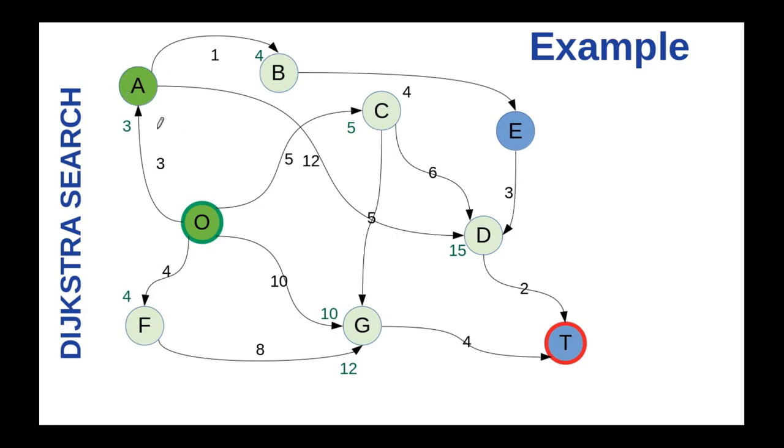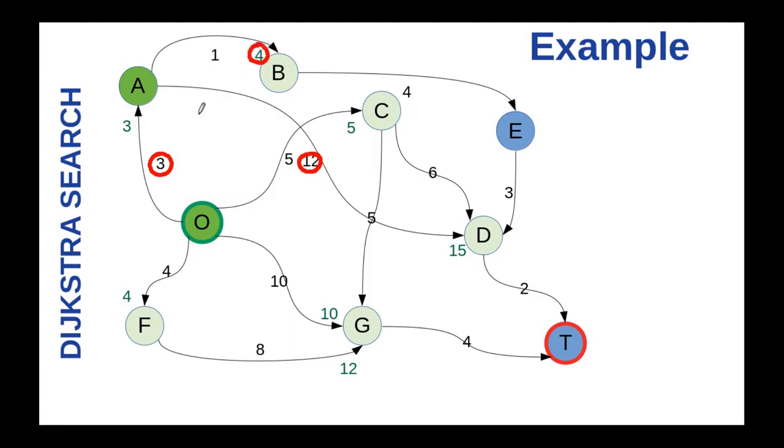So as you can see now, we assess the neighbors of A, which are B and D. And as you can see here, for D, the total cost is 15, because we have here a 3 and here a 12. So we add these two numbers and we have a 15.